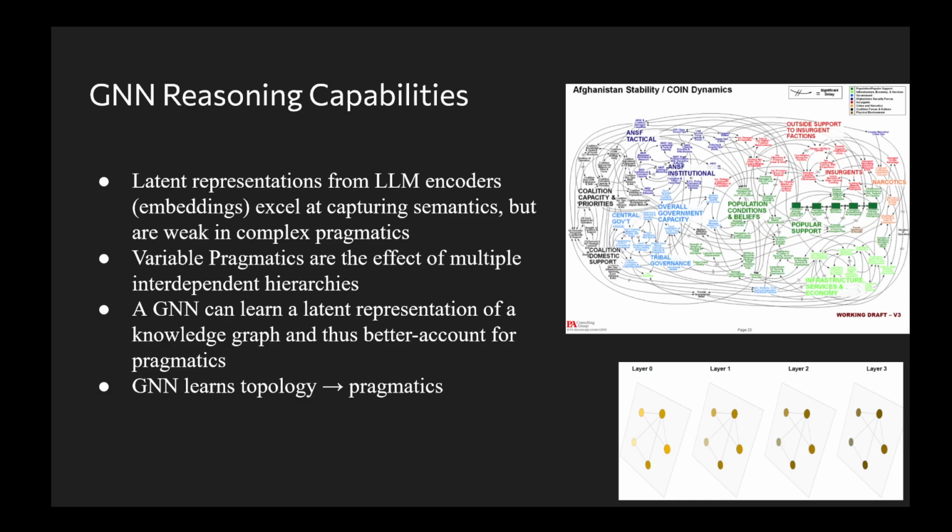And I've kind of already said this before, but the variable pragmatics are the effect of multiple interdependent hierarchies. For example, let's say you had a friend group, the boys or something, and then a girl came into the friend group. That changes the whole dynamic. The boys aren't going to be talking as much about boy things.